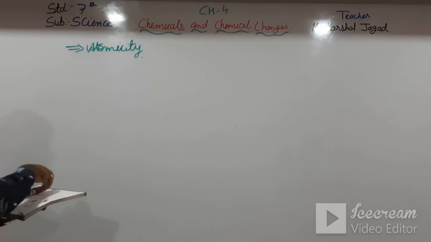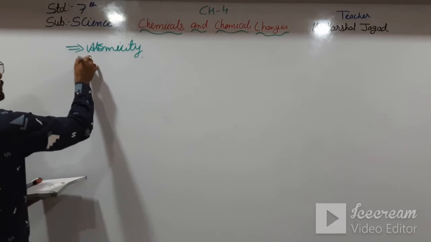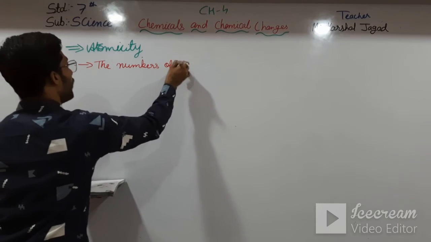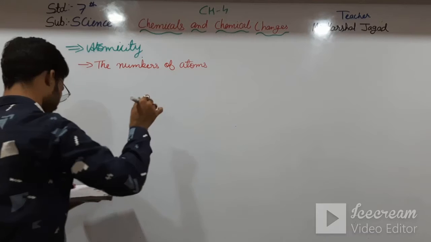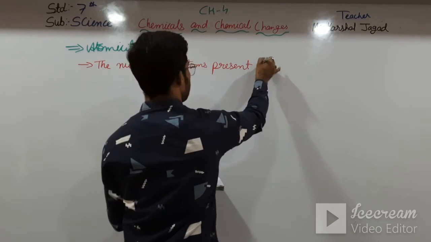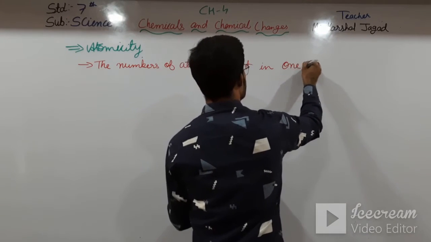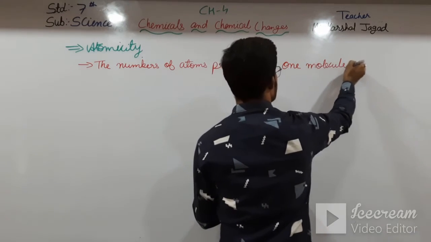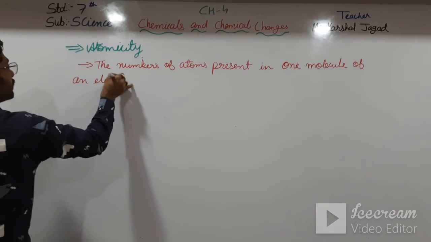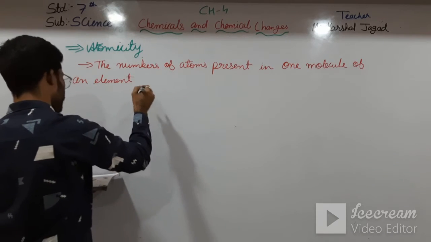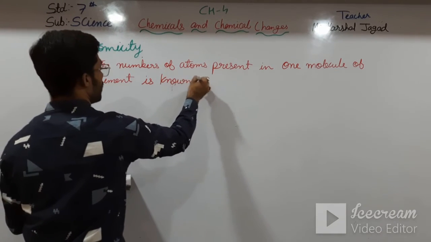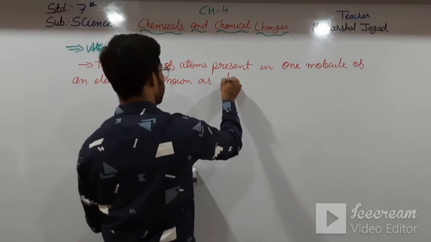The number of atoms present in one molecule of an element is known as its atomicity.